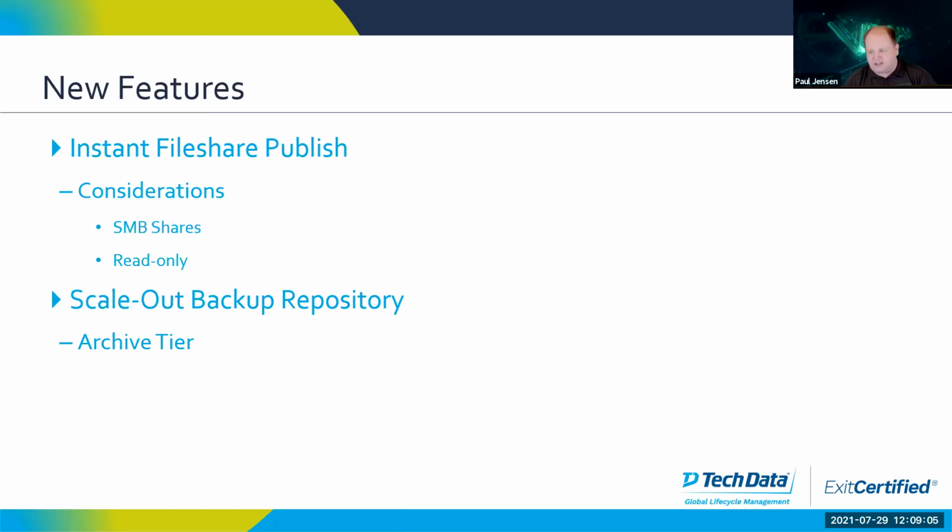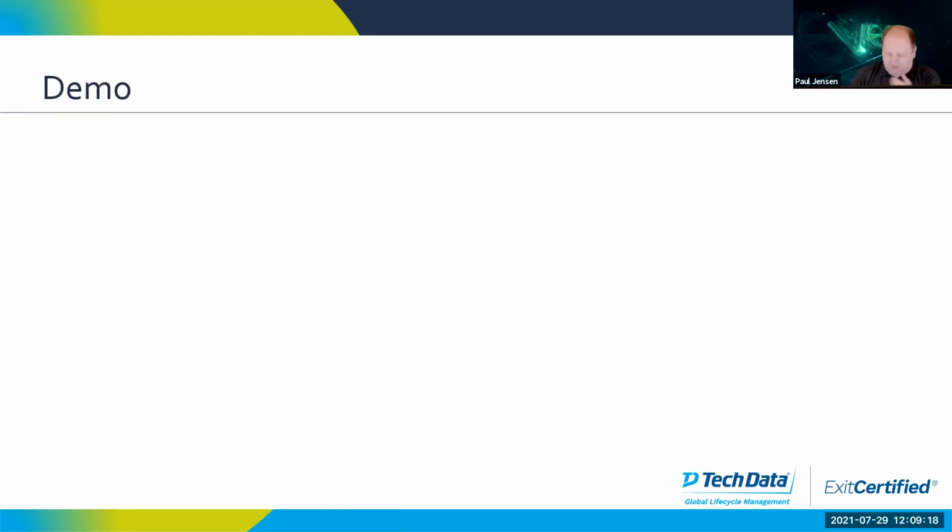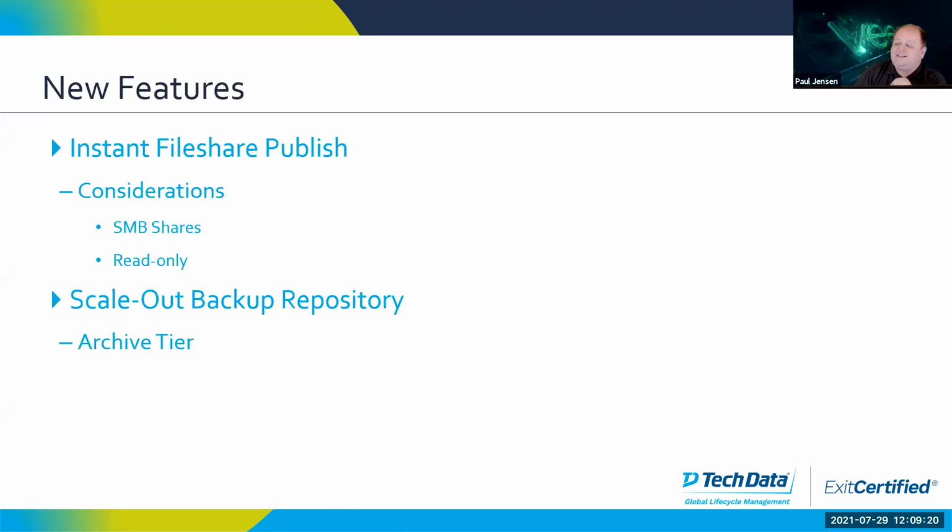This is a publish. And what that means is it's something to mount and make available. This is limited to SMB shares, and it is a read-only file share publish. So keep in mind, there are a few considerations for this. This is a first version of this feature.